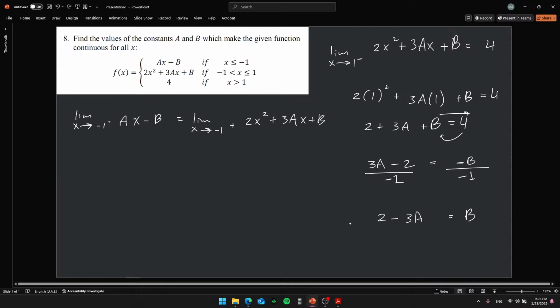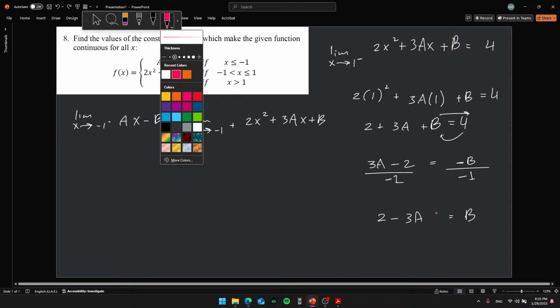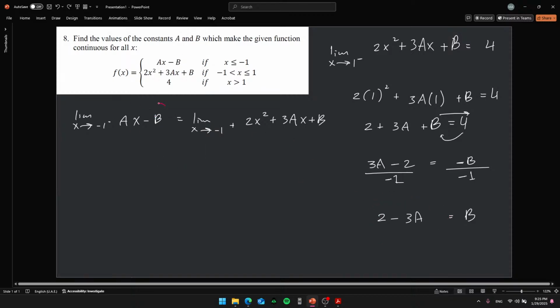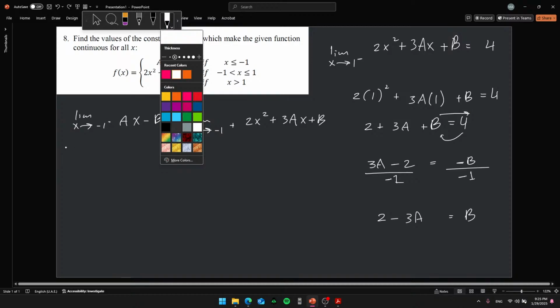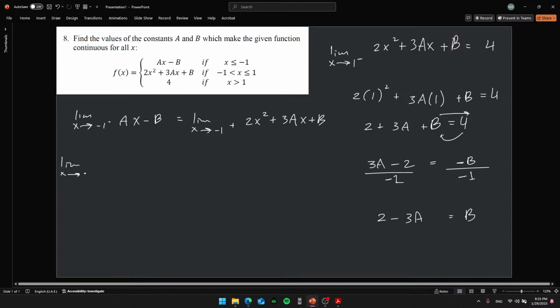It's 2 minus 3a. Now I can substitute 2 minus 3a instead of b, and here also. So the limit as x approaches negative 1 from the left of ax minus (2 minus 3a). Put it in parentheses, please. The limit as x approaches negative 1 from the right of 2x squared plus 3a plus (2 minus 3a).